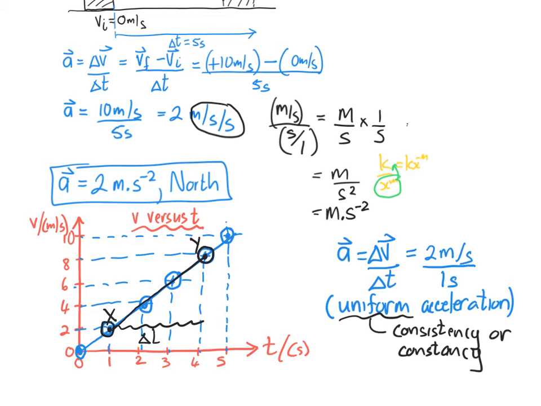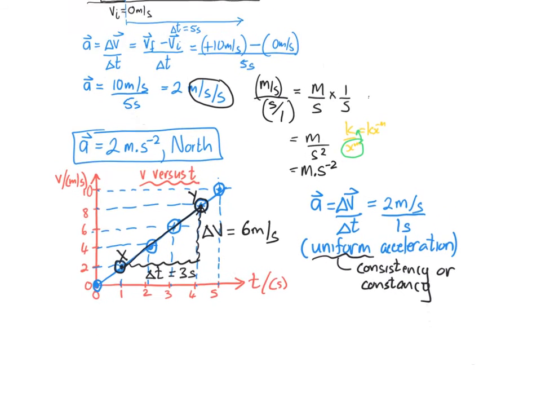So the time interval is 4 seconds minus 1 second, which is 3 seconds. And the change in velocity is from 2 meters per second at X to 8 meters per second at Y. So that's 8 minus 2 is 6 meters per second.